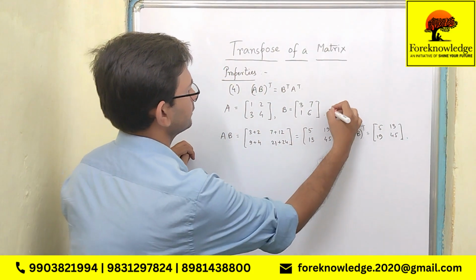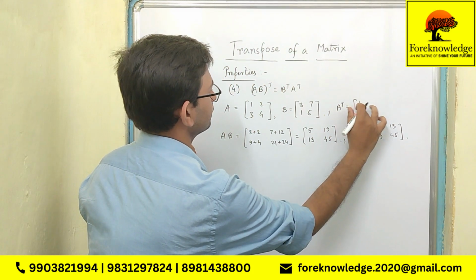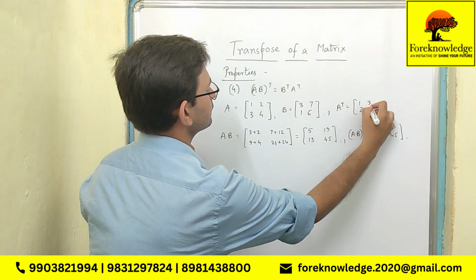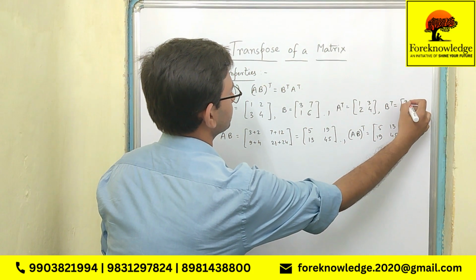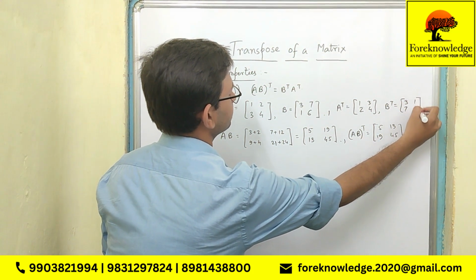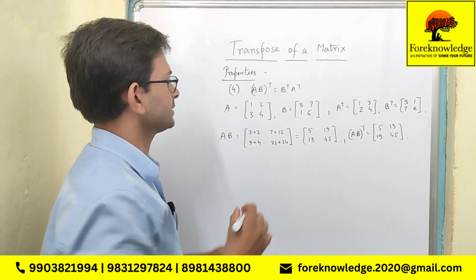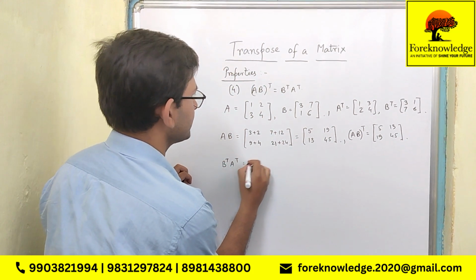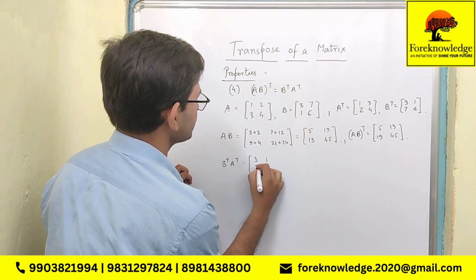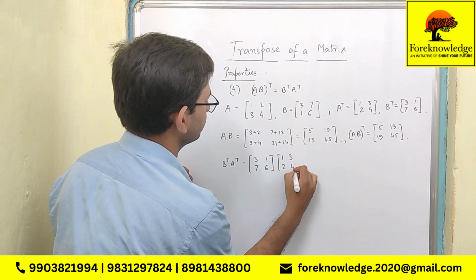So what is A transpose? A transpose is 1, 3, 2, 4, and B transpose is 3, 1, 7, 6. Now B transpose into A transpose is nothing but 3, 1, 7, 6 into 1, 3, 2, 4.